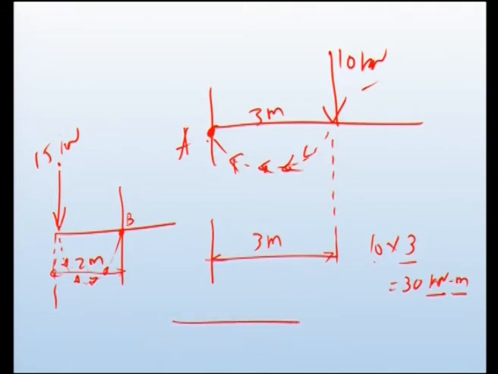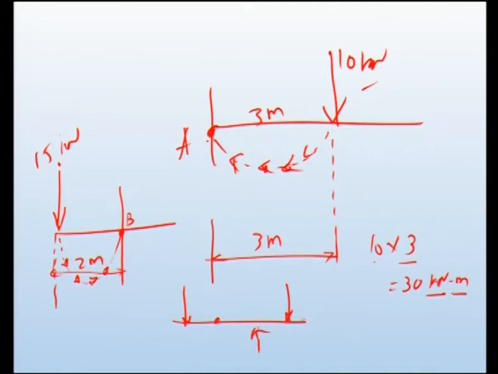So, we can clearly understand that if you have several loads, you should now be in a position to calculate the moment produced by various loads about any required point. If I want moment about any point, I should know what the forces acting are, the distance between the line of action of each force and the point, and the nature of the moment.